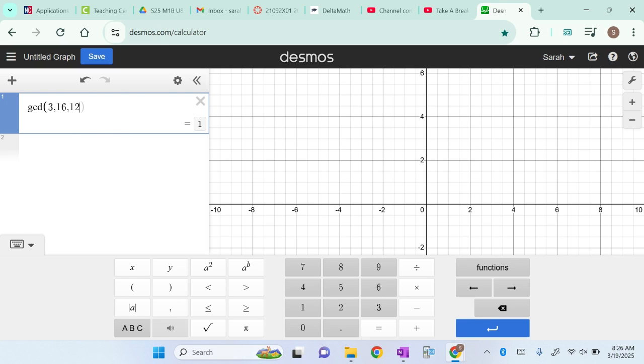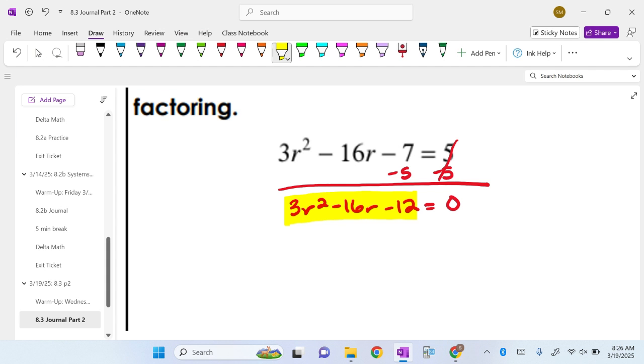But you can do that for any number. Say I turn this 16 into an 18. GCF is 3. Especially when you have some really big numbers and you don't know the GCFs off the top of your head, that is a tool that you can use, especially if you're on the calculator active section. All right. So that's just kind of a trick that can help you guys out a little bit.